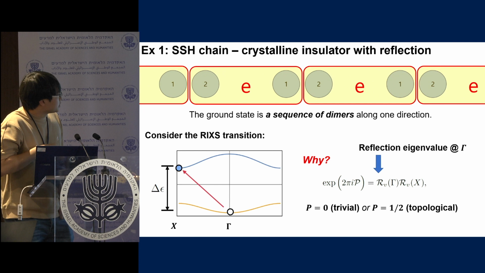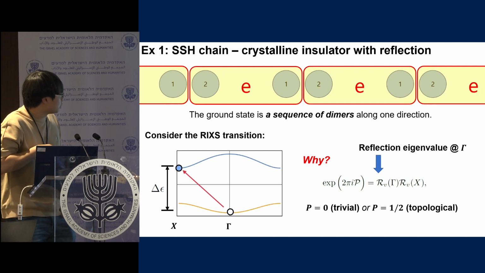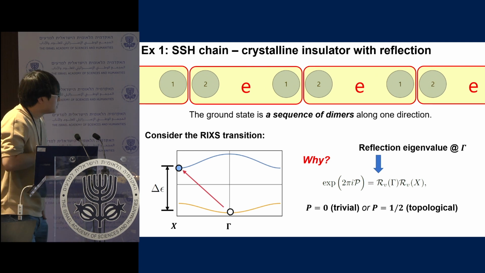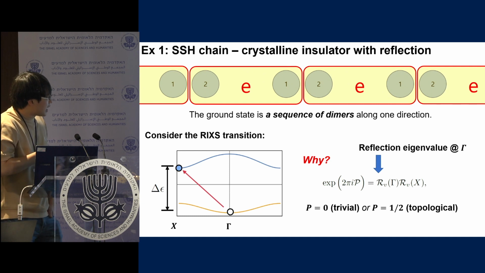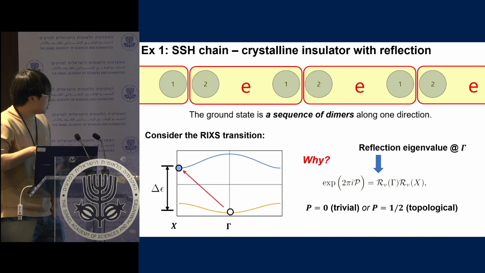I'm going to consider the RIXS transition that connects Gamma to X. Remember that RIXS creates a local electron and hole, so you are creating an electron at higher energy and a hole in the valence band. I'm going to consider the energy difference between the X point of the conduction band and the Gamma point of the valence band, and the momentum transfer is X minus Gamma.